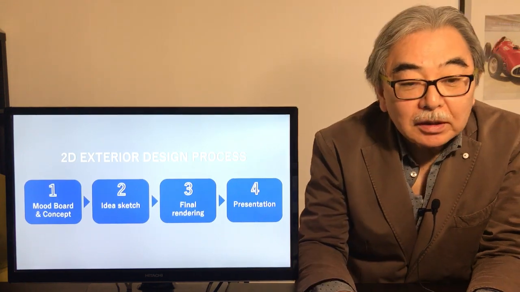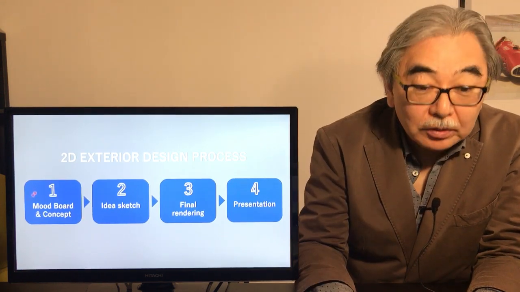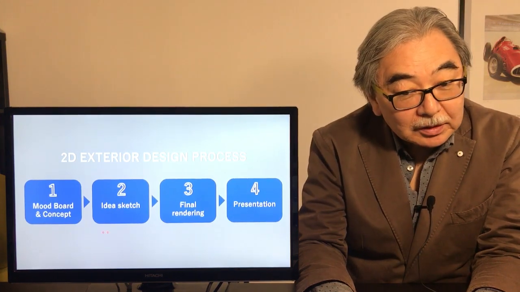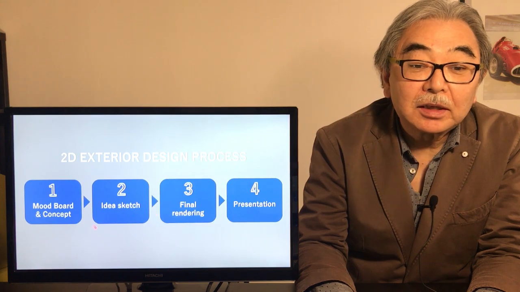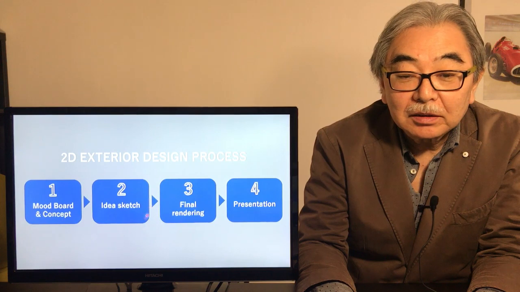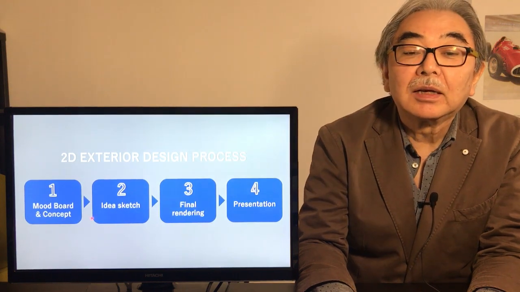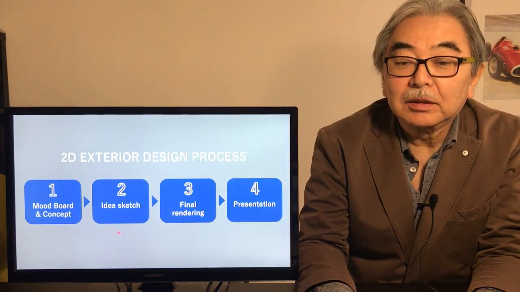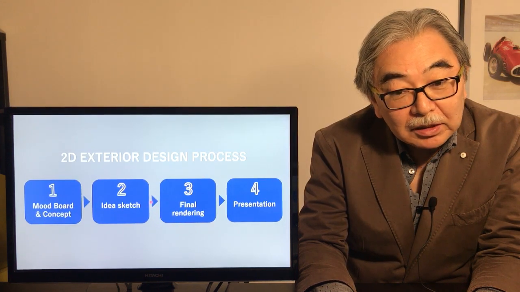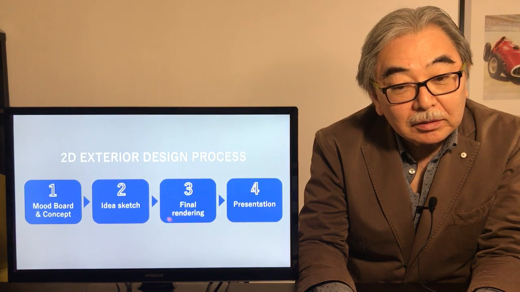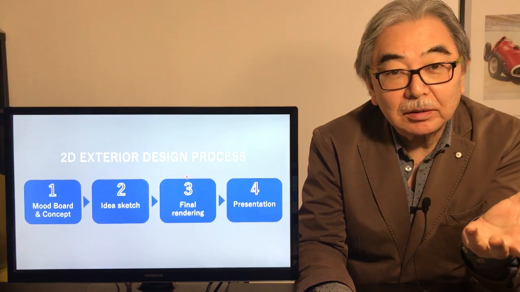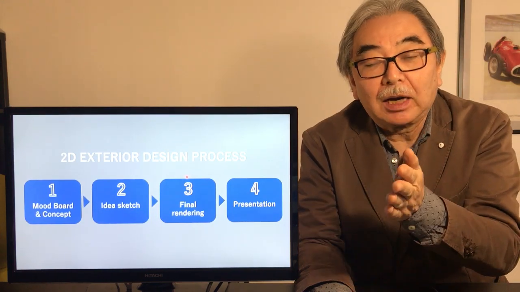The first process is making a mood board, which is setting the goal. The second process is idea sketch. You create ideas and cultivate and bring up the idea here. And the third is the final rendering stage, which is the realization, the visualization of your result, your design.